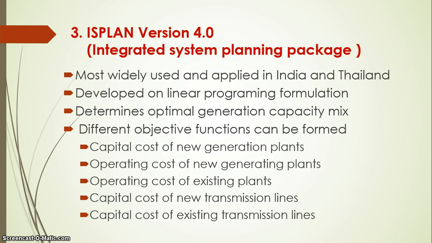Then it can also give you the operating cost for existing plants based upon their past data. Then it can also give capital cost of new transmission line and capital cost of existing transmission line. So this is a very important software that India is using, and it is based upon linear programming formulation. So 5 objectives can be achieved through this software.